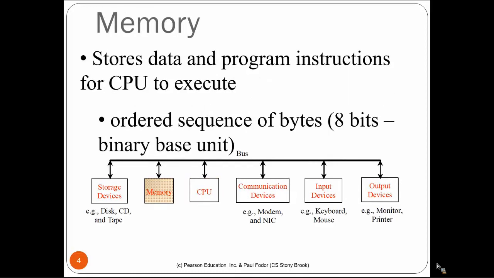The main memory stores both your data and the program instructions for the CPU to execute. It is an ordered sequence of bytes, where 1 byte is 8 bits, the binary unit base. Everything on a computer is stored in binary, 0s or 1s, because all of the electronic devices that we have today are efficiently implemented if they store whether information exists or not in a location.